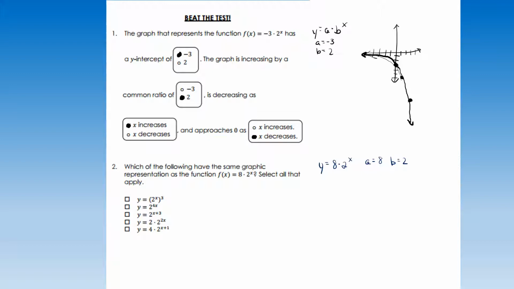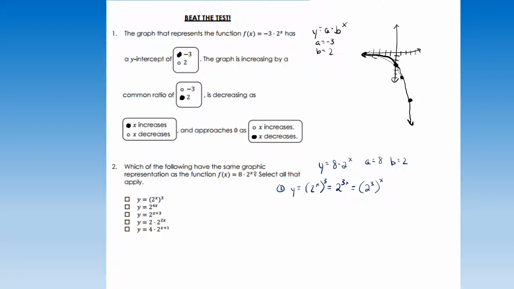So the first one, y equals 2 to the x to the third. Since I'm raising this power to another power, I can do 2 to the x times 3, or 3x. And then I could rewrite that again as 2 to the third to the x power.